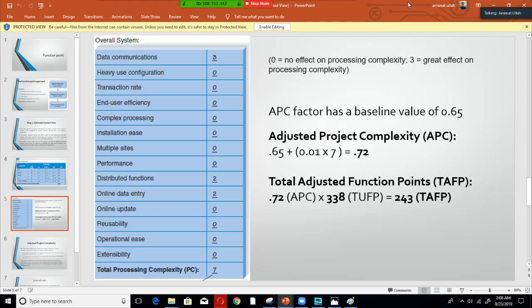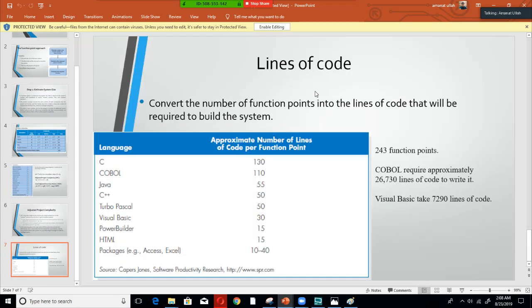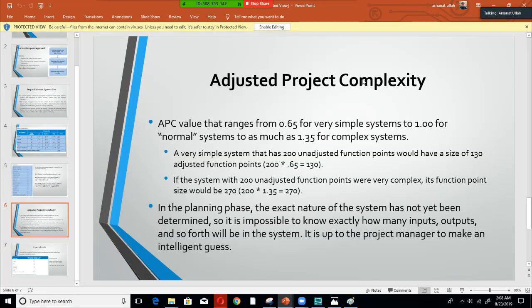Next, what we have to do is calculate the adjusted project complexity. There is a rule for this. Here it says that if our system is simple, then we use 0.65.